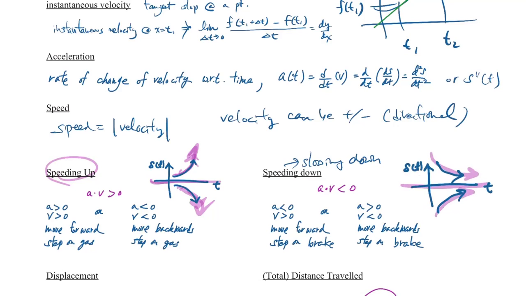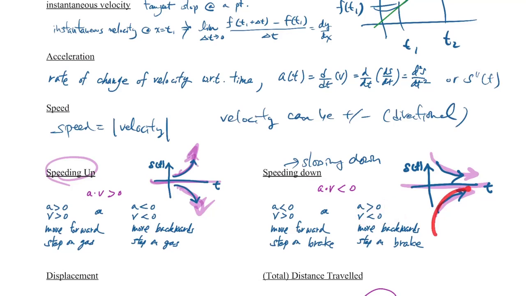So let's look at this case here, guys. It's very steep and then it's becoming less steep. Very negative, less negative. So it's increasing. Look at that. And then my slope is negative, which means my velocity is negative. So one is positive, one is negative.